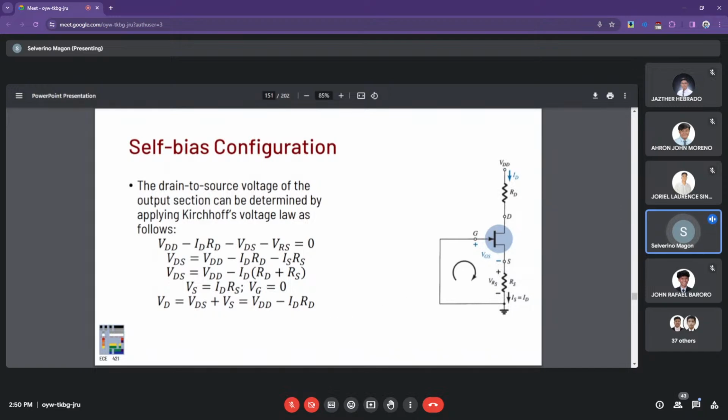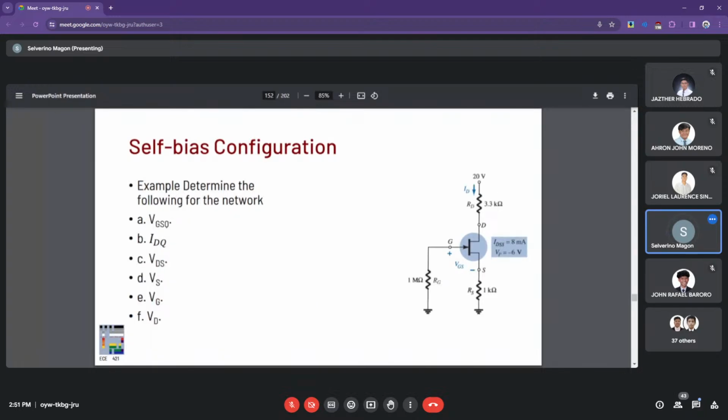And the VD here is equal to VDD minus IDRD. So VD at this point is where you tap your output. So it provides the DC steady level in the case of zero AC input.